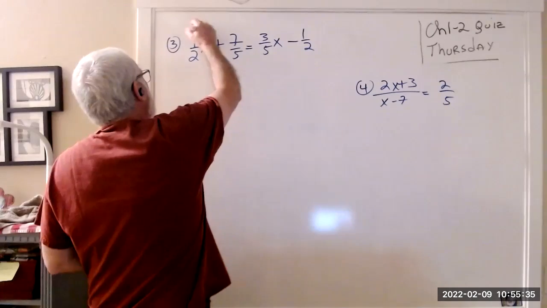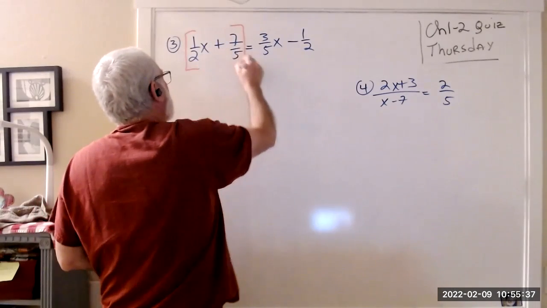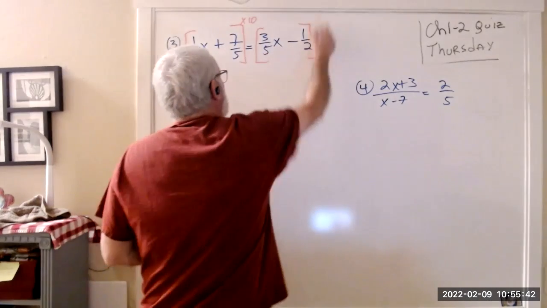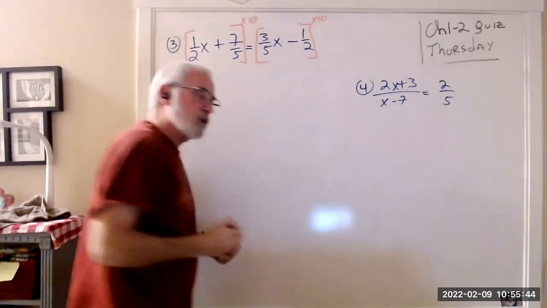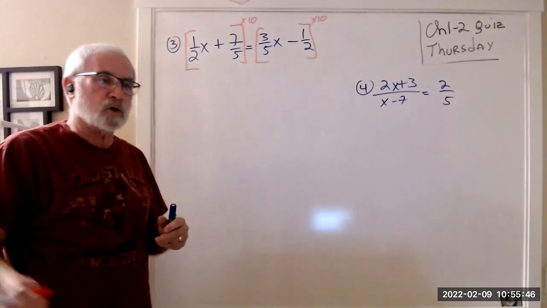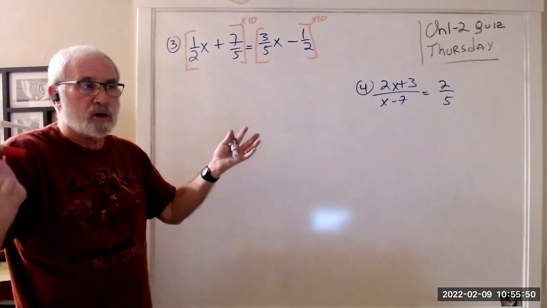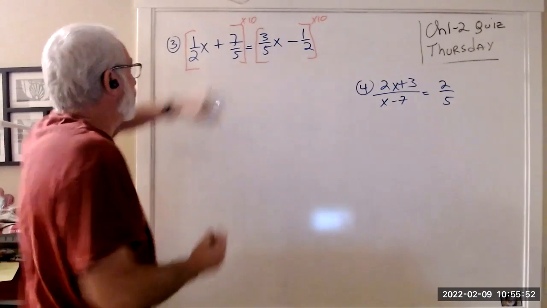10. So what you're going to tell yourself is I'm going to multiply this side by 10, and I'm going to multiply this side by 10. And now that's legit mathematics. As long as you multiply one side by one number, the other side by the same number, you're okay. We're going to distribute it in here.